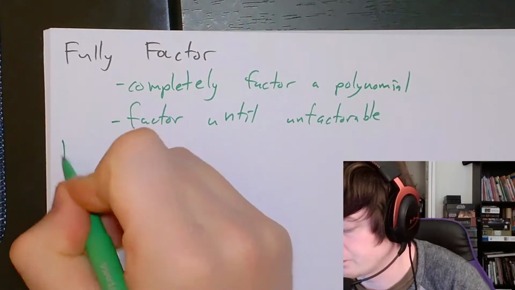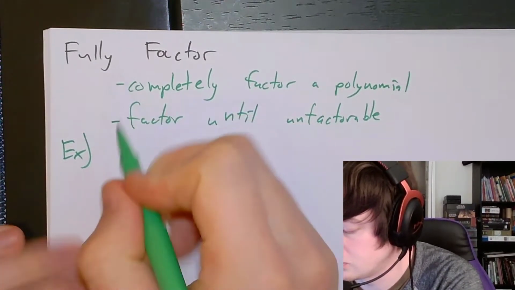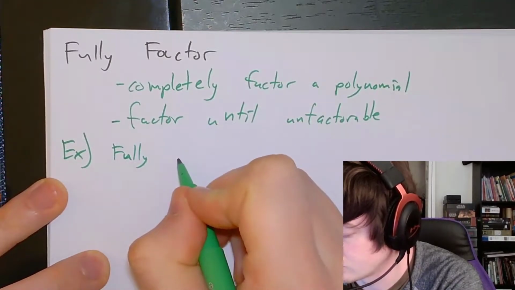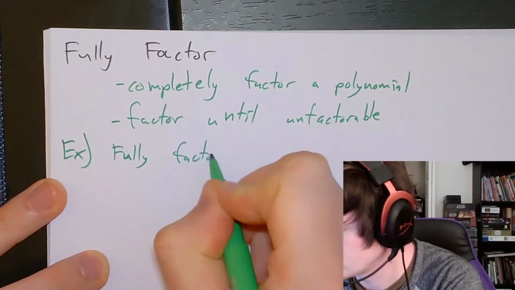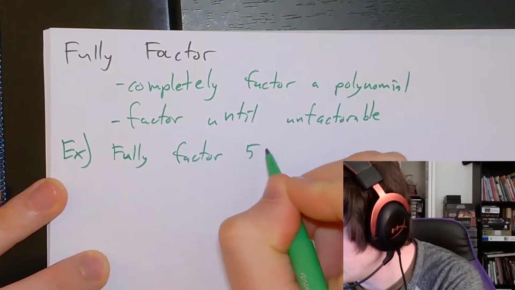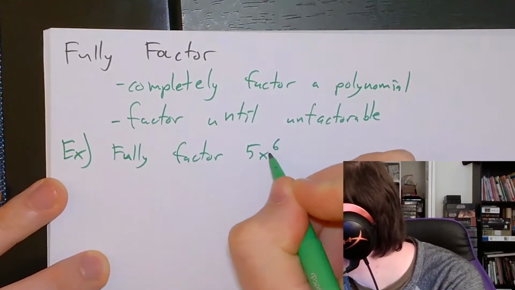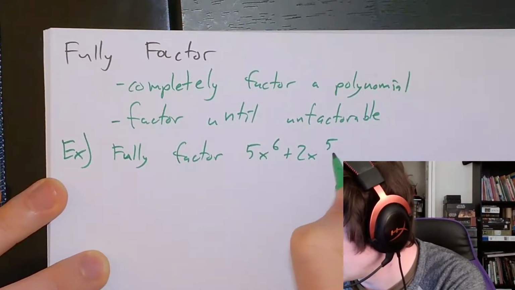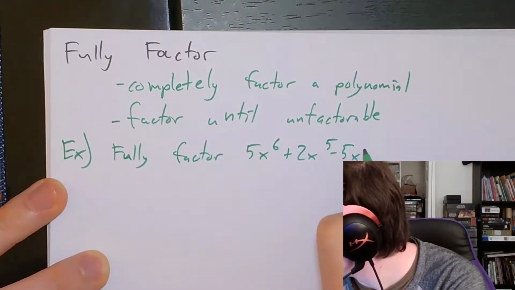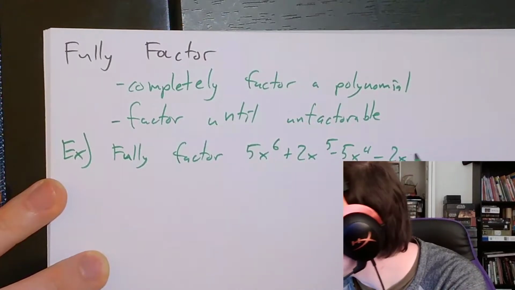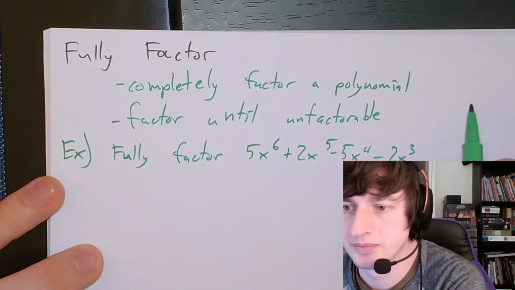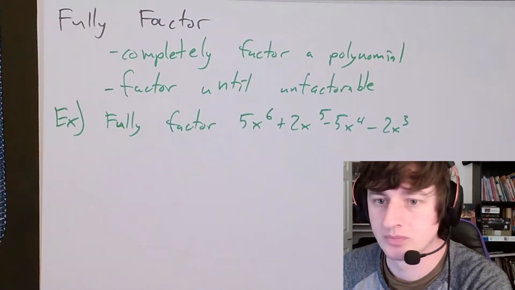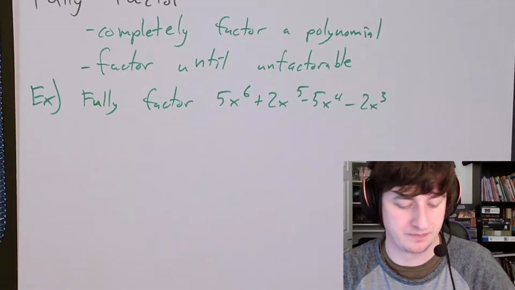All right, so for example, fully factor 5x to the 6th plus 2x to the 5th minus 5x to the 4th minus 2x cubed. So we want to factor this completely.